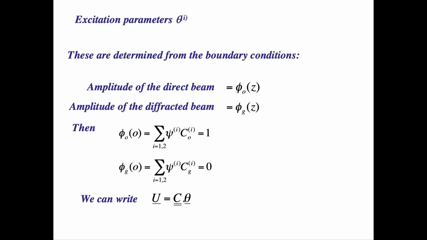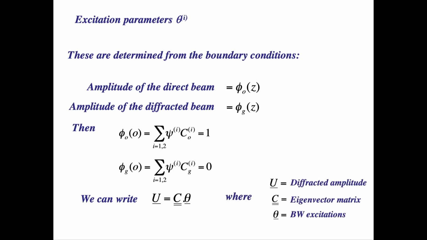And so we can write this matrix equation from that. C is the eigenvector matrix, and theta is the Bloch wave excitations. That's what we're after. So at Z equals 0, here's our matrix, and it has just one value in it.